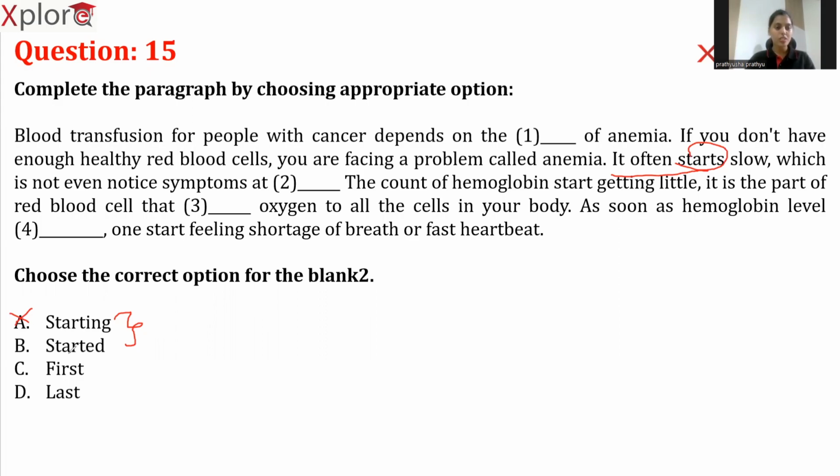And again, as you can see here, started. Here the entire sentence is in simple present tense, generic form. However, the term started is referring to simple past tense. Again, there is tense mismatching also. Eliminate option B.